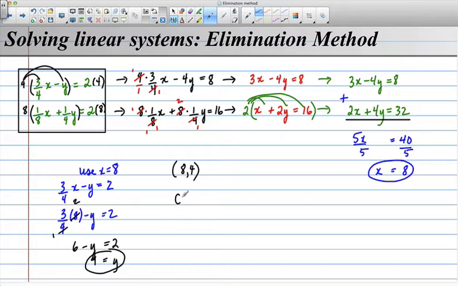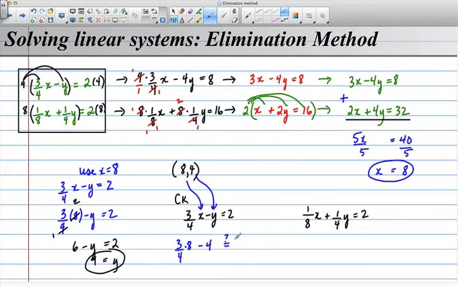Let's do a check into both equations to see if that's true. So our first equation here, we'll plug in the x value and the y value to see if it equals 2. And in fact, we have 6 subtract 4 does equal 2.